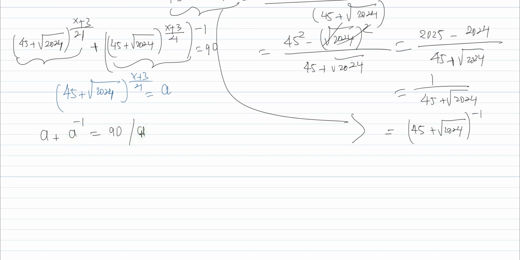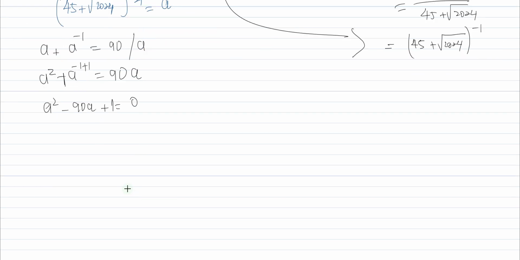Only I'm going to multiply this expression by a. So a times a is going to be a squared. Here we're going to have a to the power minus 1 plus 1, equals 90a. So we're going to have a squared minus 90a, and then a to the 0, which is 1, so we have this quadratic equation.